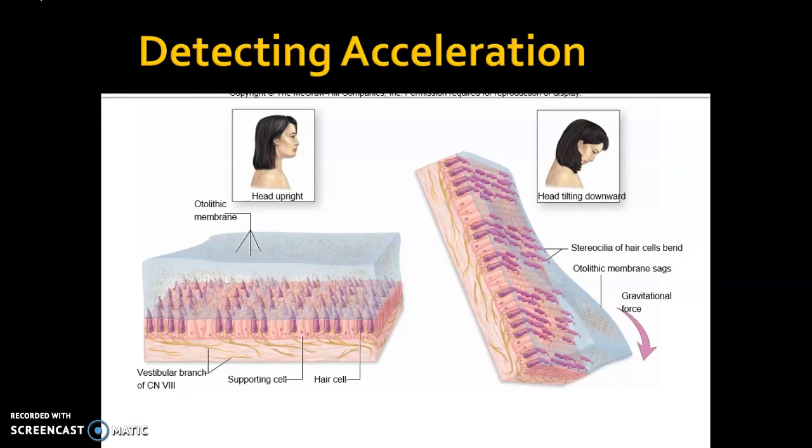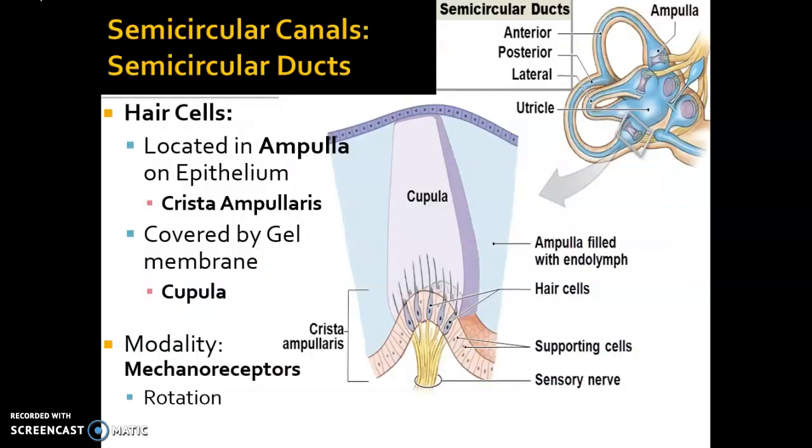As the hair cells bend, there is more neurotransmitter, or we can say that the axons of the hair cells carry the action potential to the central nervous system, specifically to the temporal lobe of the brain for further processing. And that's how we know that our head is tilting downward. All right. So we saw that the utricle and saccule within the vestibule help in detecting acceleration and deceleration.